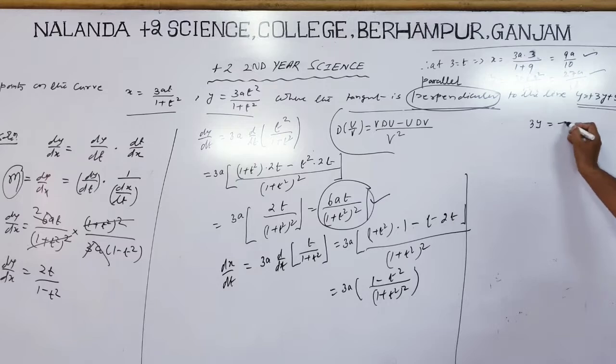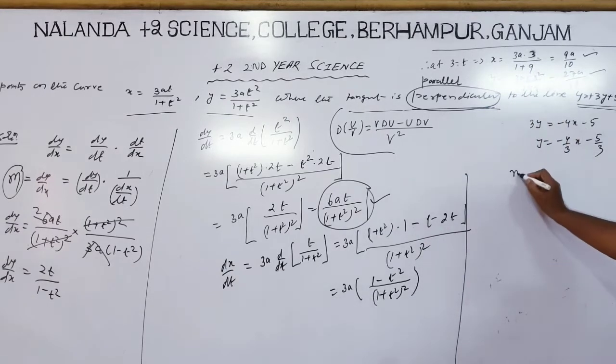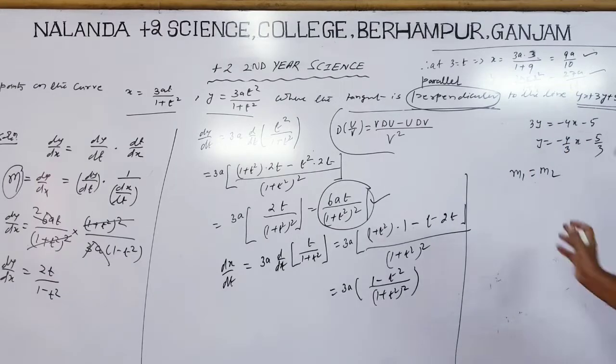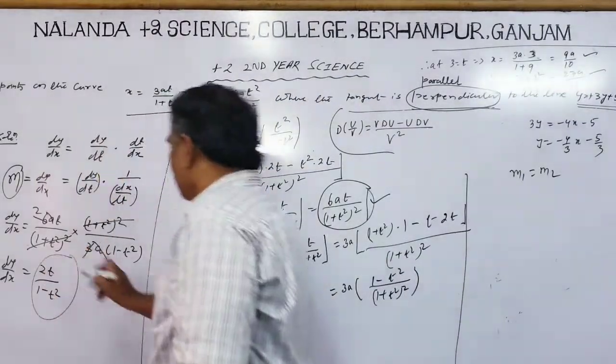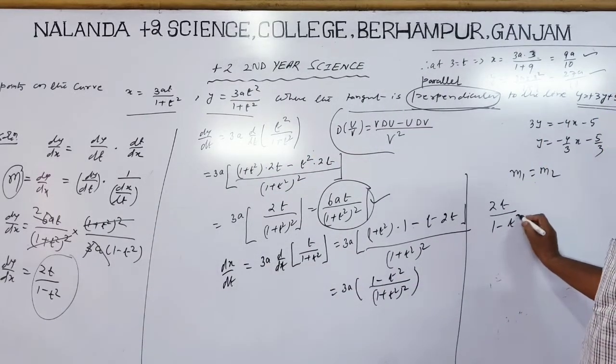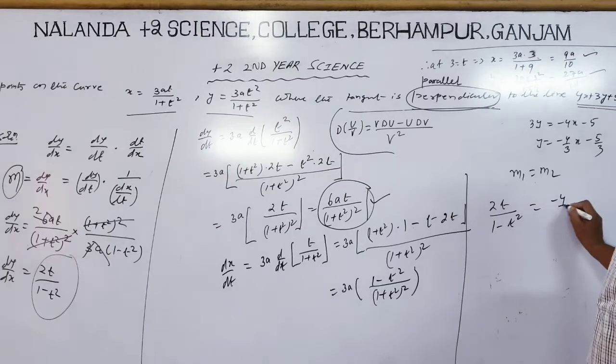3y equals minus 4x minus 5, y equals minus 4 by 3 x minus 5 by 3. So parallel means m1 equals m2 because their slopes are equal. What is m1? This is m1. So 2t by 1 minus t² equals minus 4 by 3.